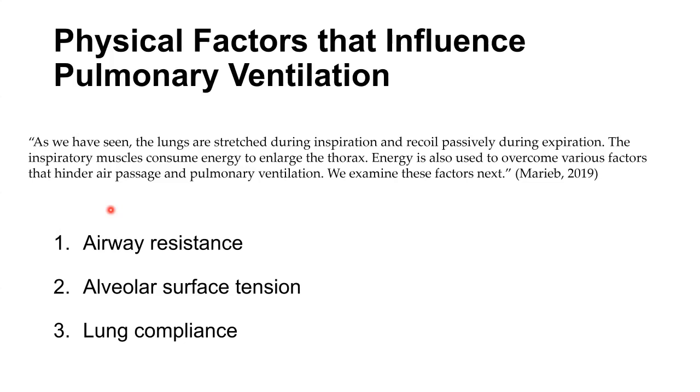So that's what we're going to talk about now: some other factors that the lungs have to overcome in order to accomplish ventilation. These are airway resistance, the surface tension that exists in the alveolar surface, and finally lung compliance.